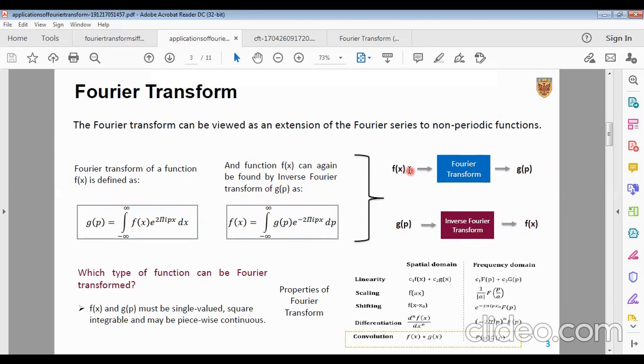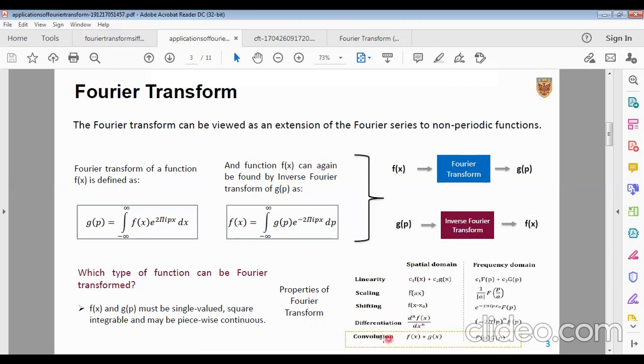That means one is the domain and the other is the image. There are different properties of Fourier transform: linearity property, scaling, shifting, differentiation property, and convolution property.